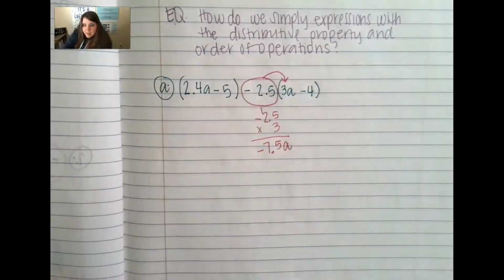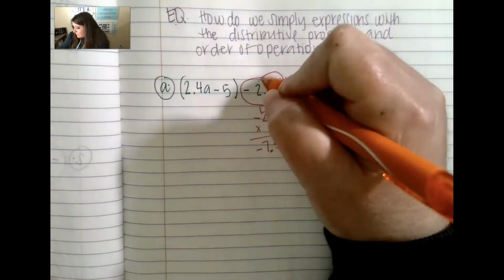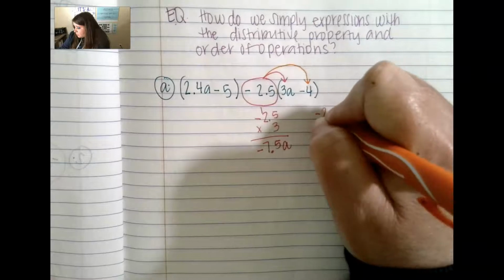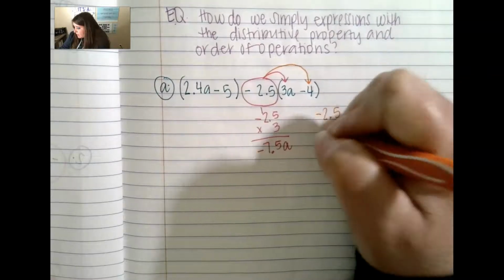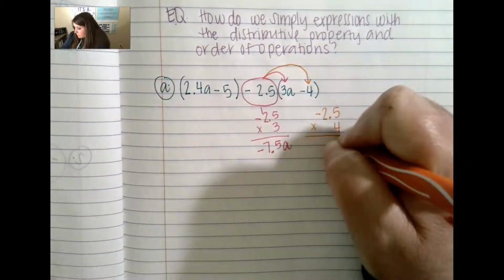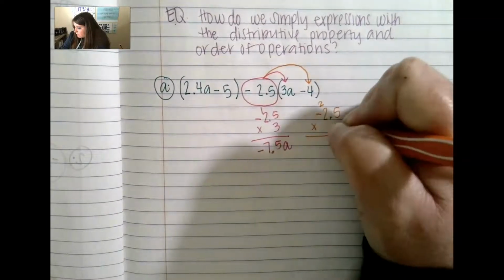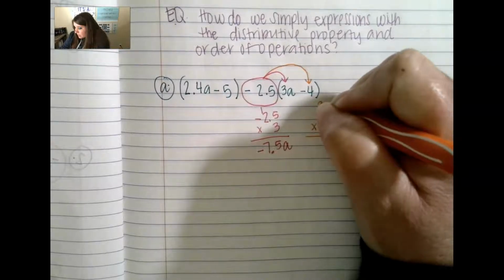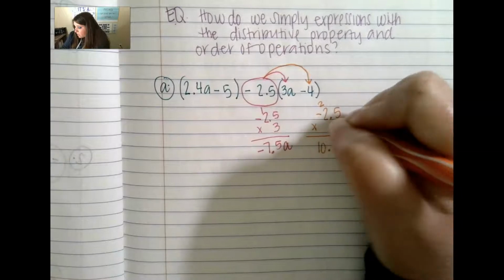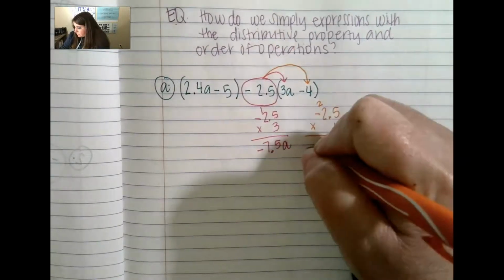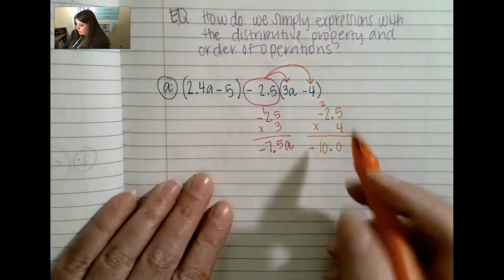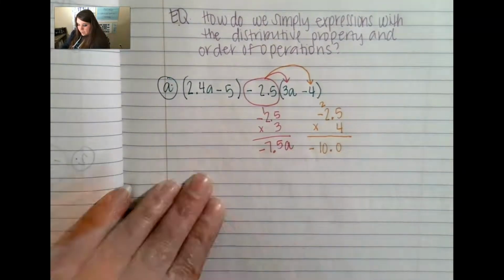And then my next distributive property is right here. So I have negative 2.5, and I'm going to multiply that by 4. That gives me 20. And 4 times 2 is 8, plus 2 is 10, and that's a negative, one spot over. All right, so I now have these two numbers and this.